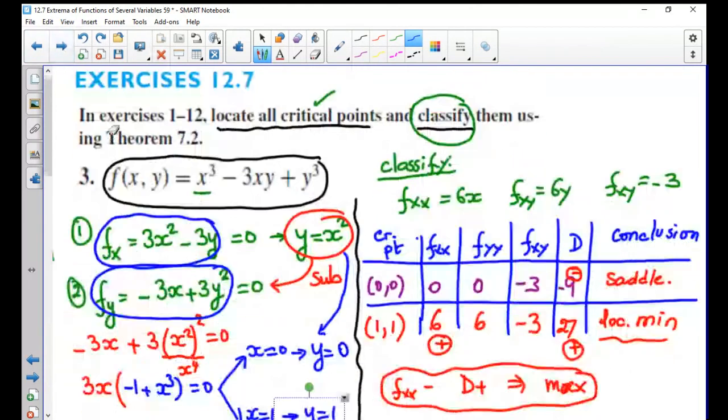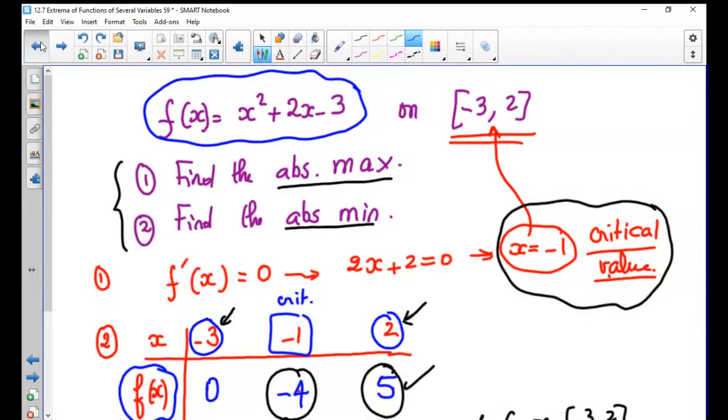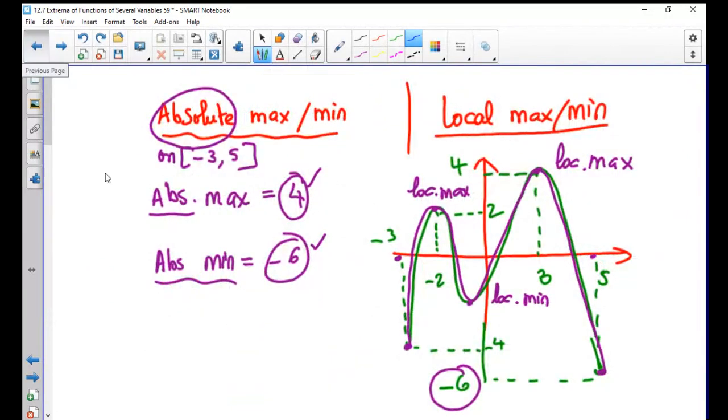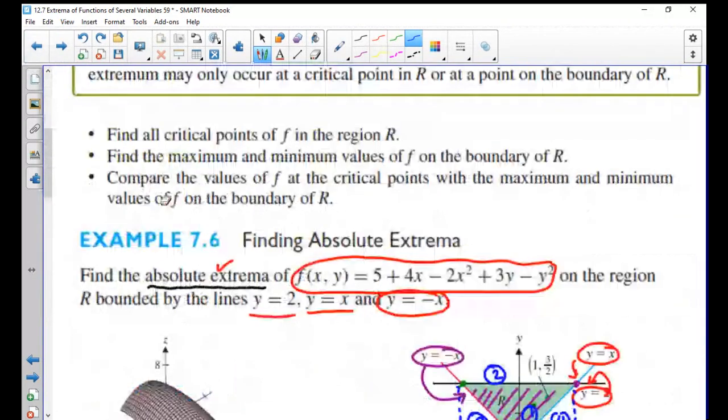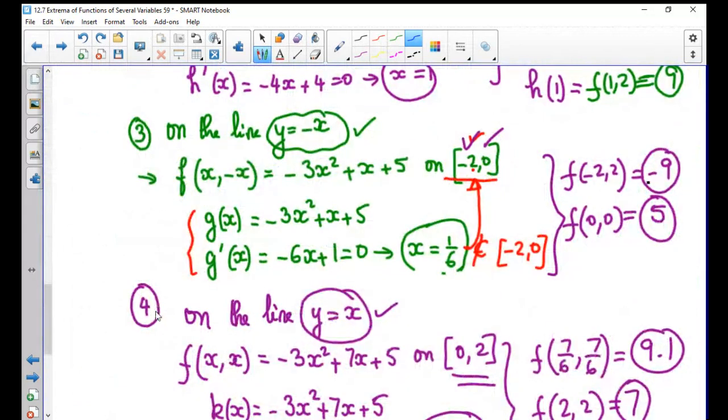Let me go back to that example. So here, your critical value is 1 over 6. Now look at the interval -2 to 0. Is 1 over 6 in this interval?